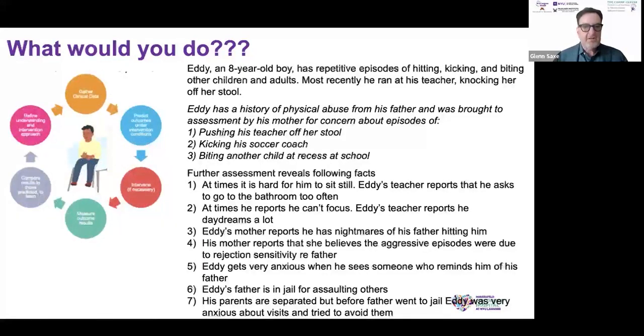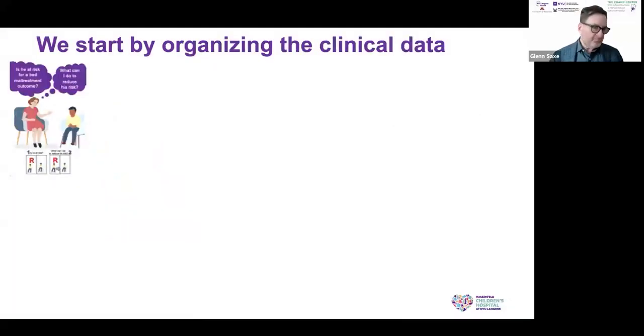And again, in our cycle here, we're gathering clinical data and then using it to say, okay, maybe I'll do this with it, and then the aggressive episodes will presumably get better. So I'll start here by organizing the clinical data, and people have made comments that are consistent.